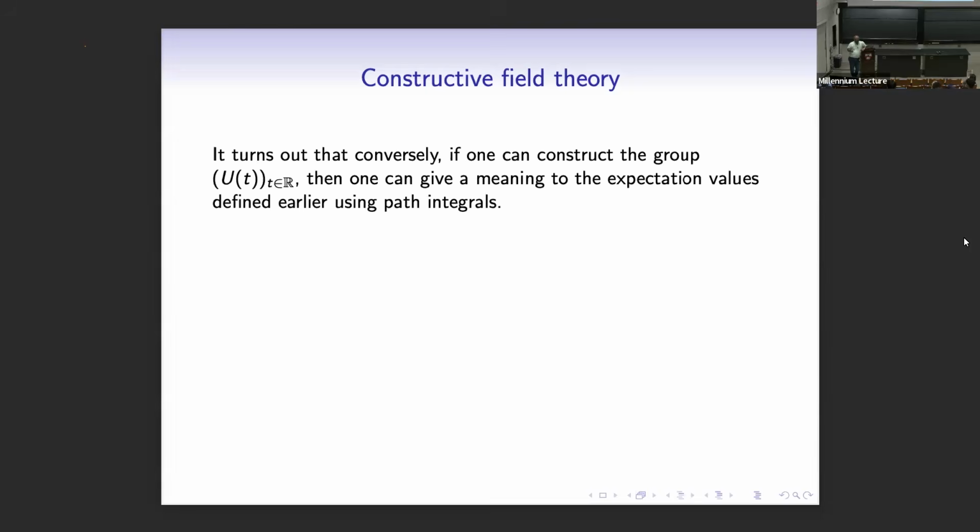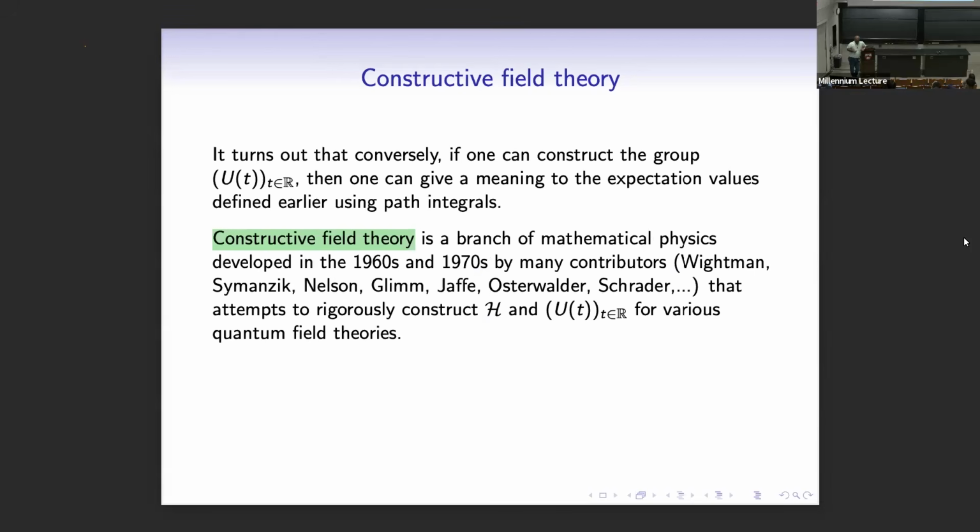You can construct these things to get at the path integrals. Okay. So constructive field theory is a branch of mathematics developed in the 1960s and 70s, starting with Wightman and Gårding, Nelson, Glimm, Arthur Jaffe, and then continued by Osterwalder and Schrader, and many other contributors after that, that attempts to rigorously construct this Hilbert space and this group of unitary operators for various quantum field theories, including Yang-Mills.